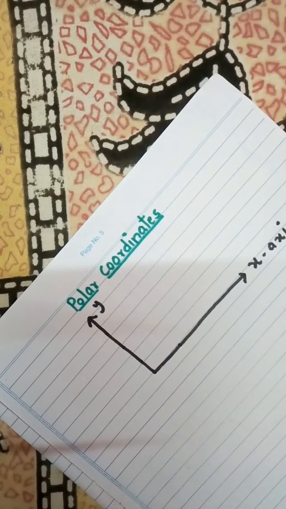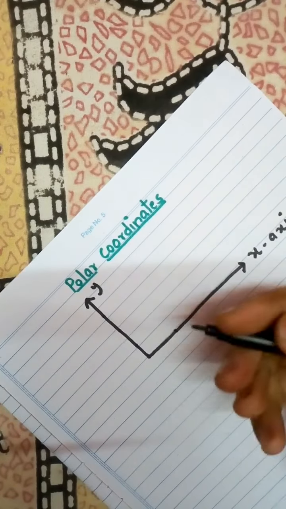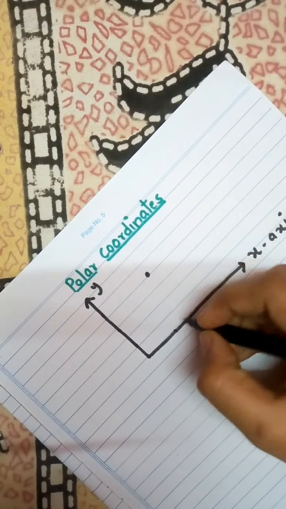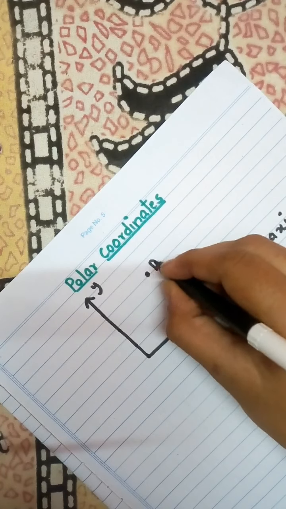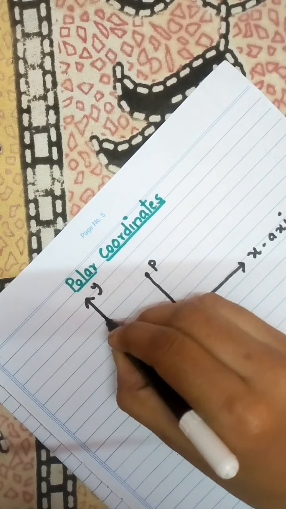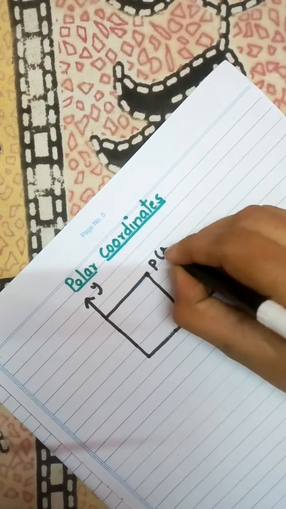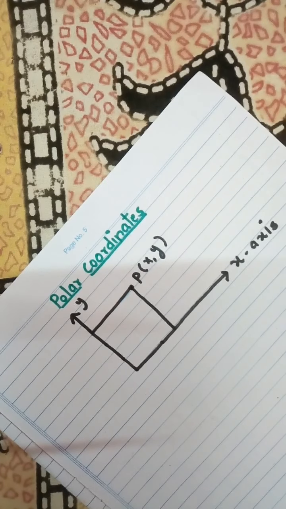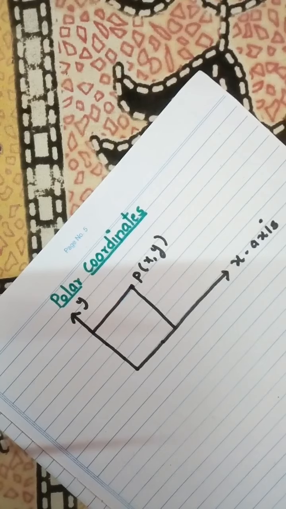Now suppose we want to represent a point P in this coordinate system. We find the distance of this point P from the x-axis and along the y-axis, and we write x comma y. So in the coordinate system this is the way to represent a point, and the representation of this point P in the coordinate system is unique.